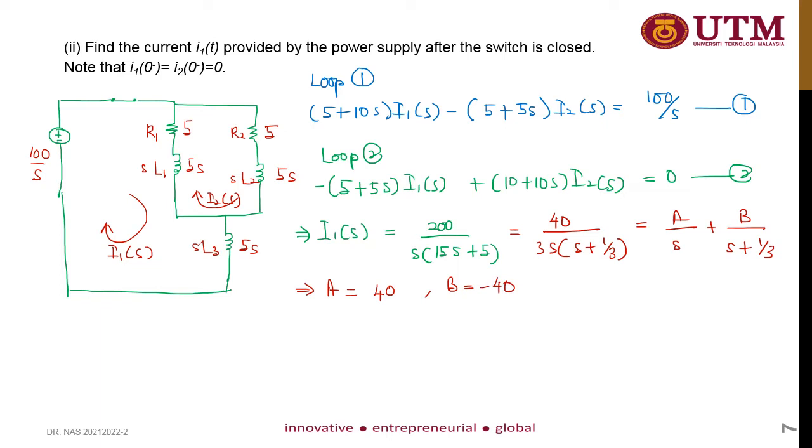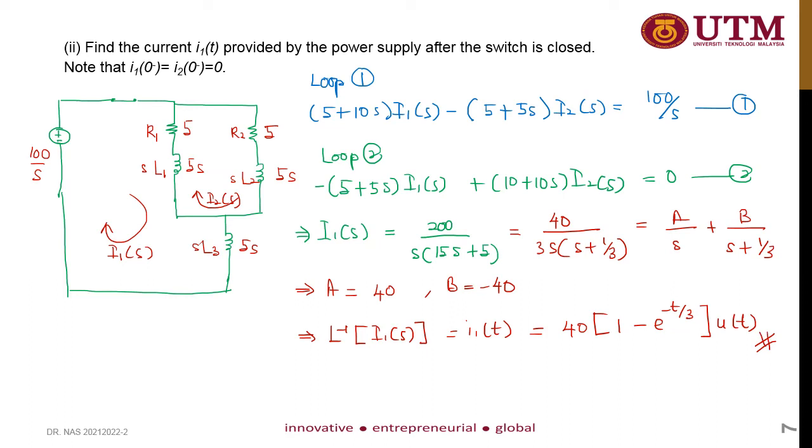So include the A and B values into the equation. Next you need to perform the inverse Laplace transform. The inverse Laplace transform of I1(s) will produce I1(t), which is 40(1 minus e to the minus t over 3) u(t).